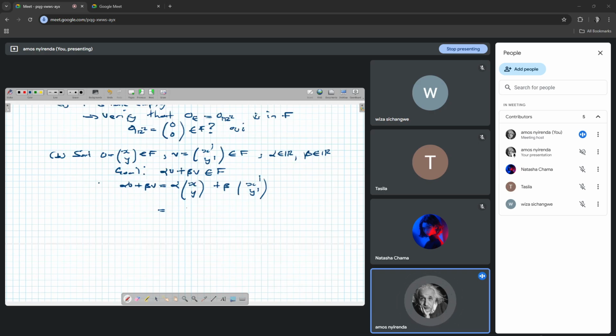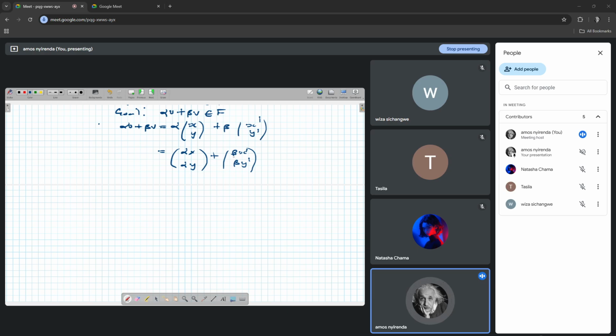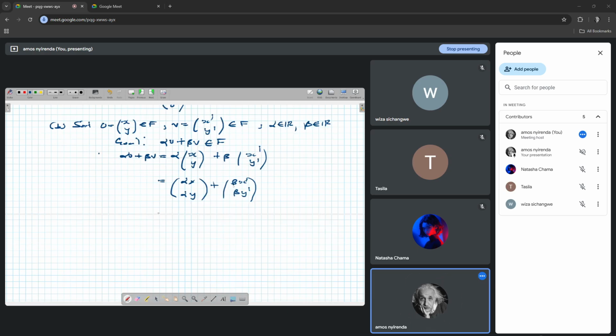And then this is going to be (alpha x, alpha y), plus (beta x prime, beta y prime). Then we can add the corresponding components. So this is going to be (alpha x plus beta x prime, alpha y plus beta y prime), like so. C'est simple. C'est très simple.